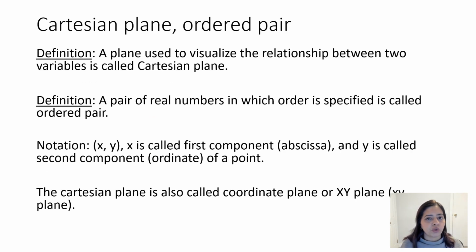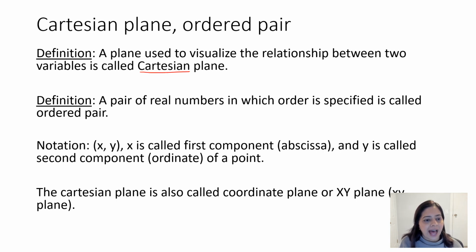So these are the few definitions we need to be very clear about in order to understand the graphing and everything about plotting points in a Cartesian plane. So the very first definition is of the Cartesian plane itself. It's a plane used to visualize the relationship between two variables.